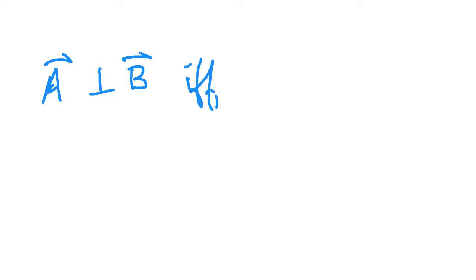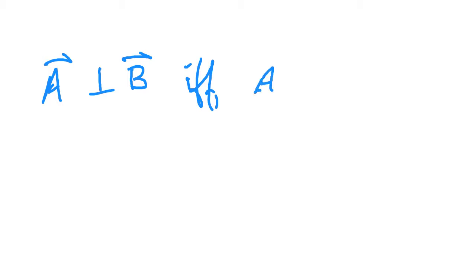And then we also have a couple of things. How do you know a vector is perpendicular to b vector? If and only if what? They're orthogonal. Well, a dot b equals 0.